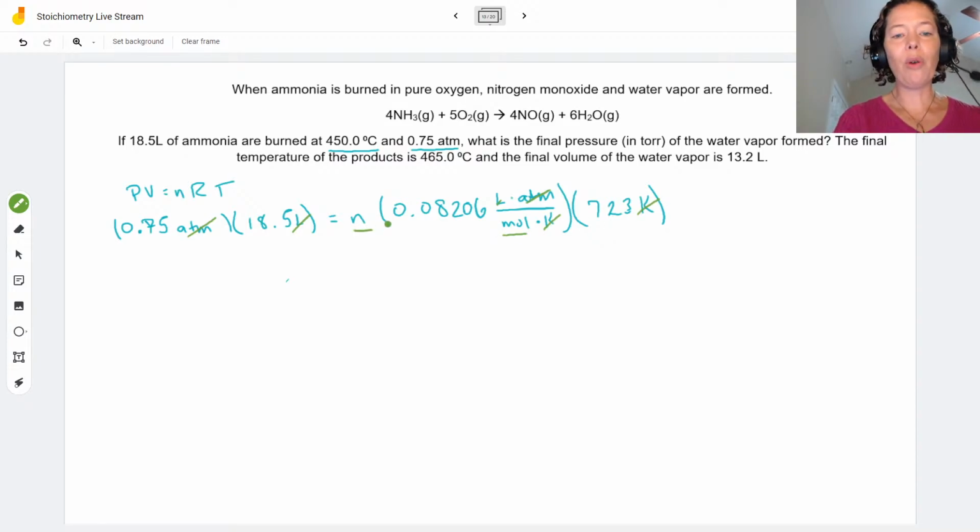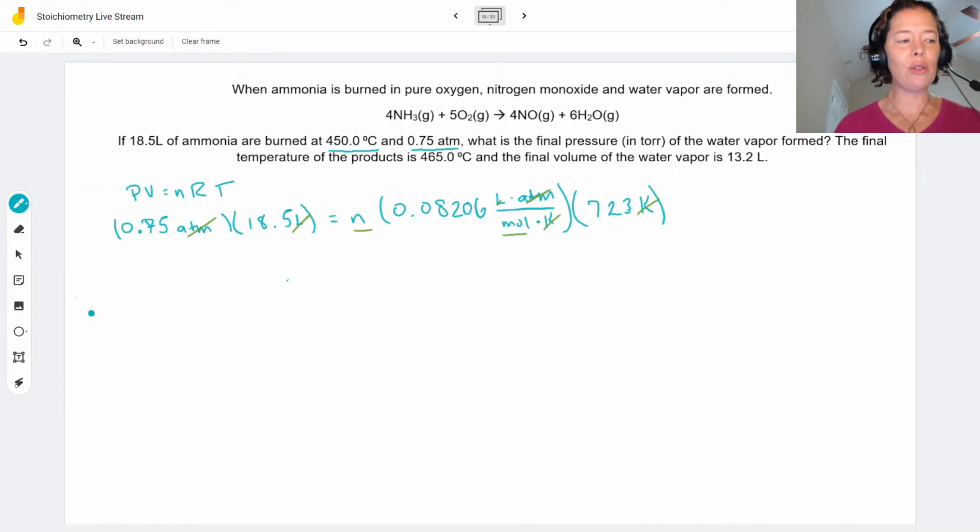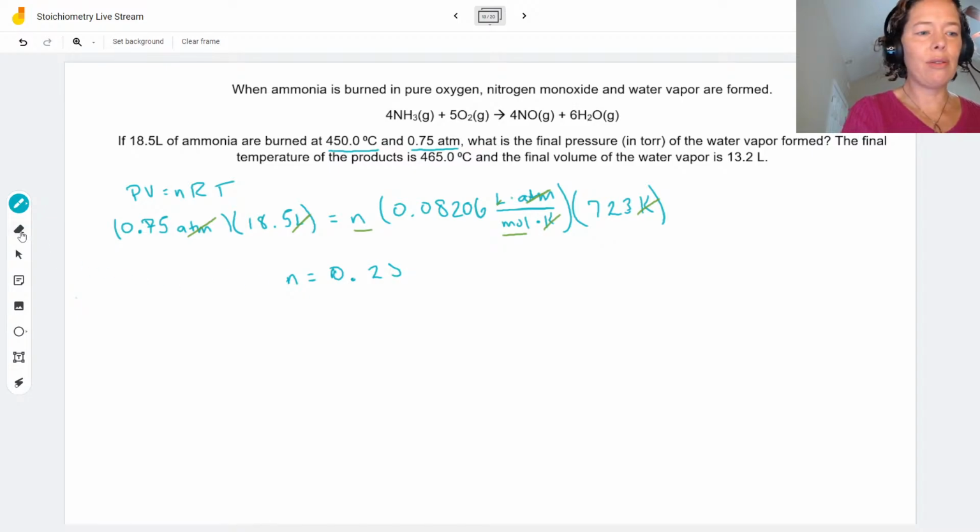I'm left with moles, which is what the value of n is going to be in. Okay, so let's actually do this calculation. If you put that in your calculator, you will get 0.234 moles of ammonia.